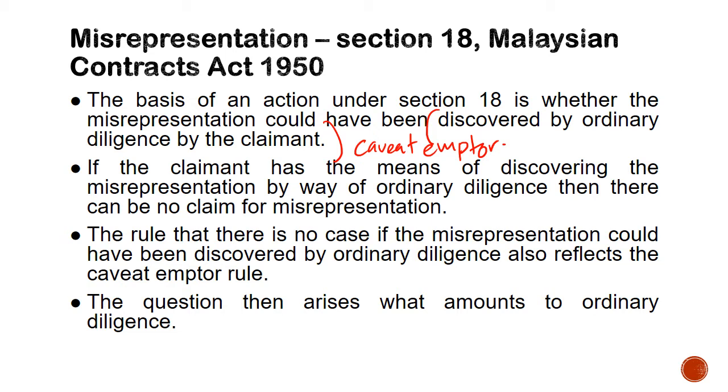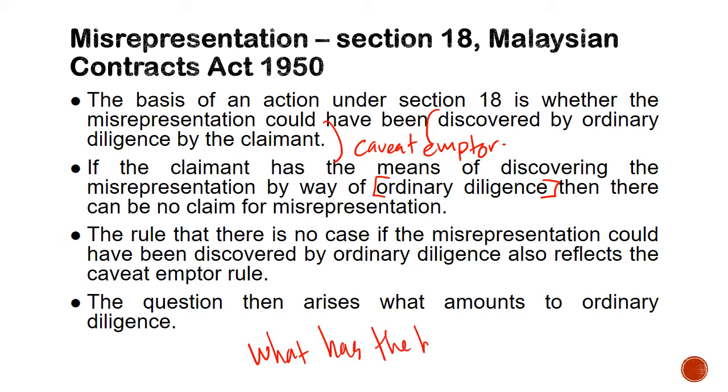So if there is a way to discover the misrepresentation by ordinary diligence, then there is no case for misrepresentation. What we understand from this is that it's not only an issue of whether the seller made a misrepresentation or not. It is also an issue of what the buyer has done.